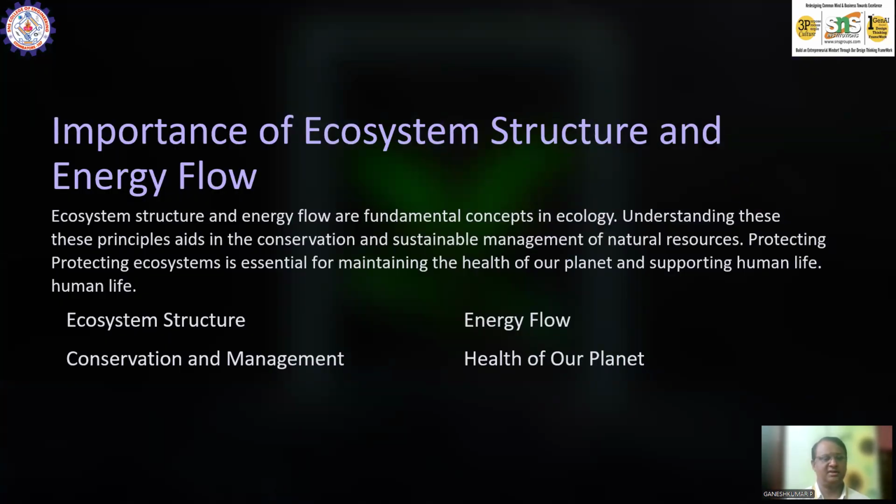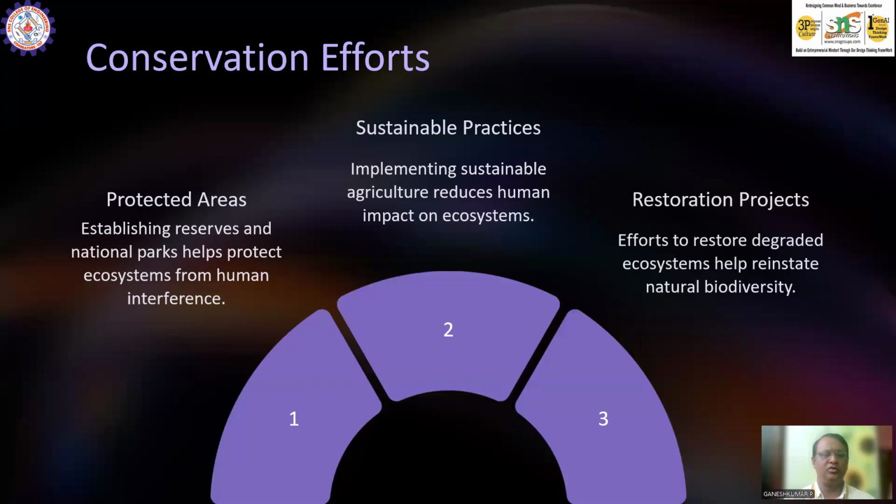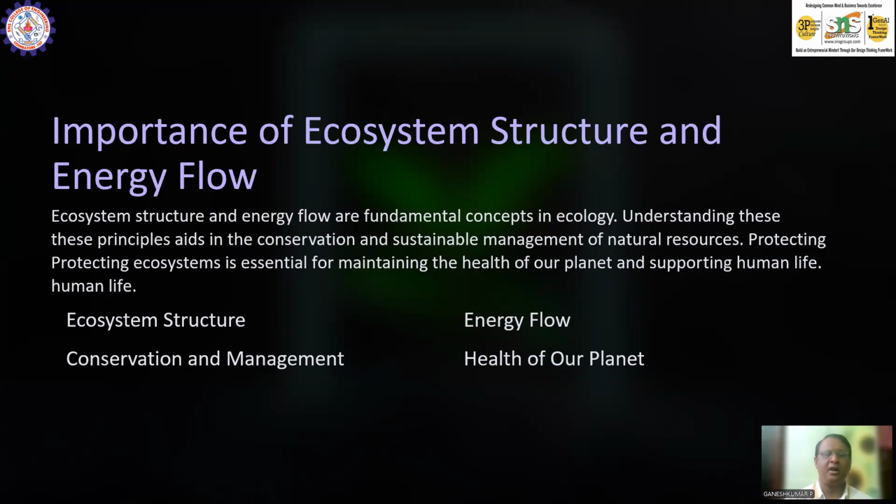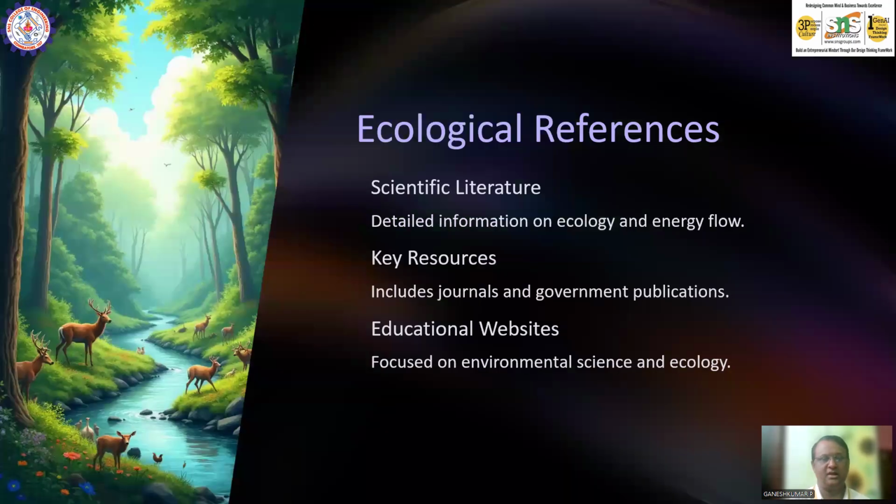Ecosystem structure is from producers to consumers. Consumers can be classified into carnivores, herbivores, detritivores, and so on. The energy flow can happen in a chain or in a web. Conservation and management should happen using protected areas, sustainable practices, and restoration projects. And the health of our planet should be ensured by our day-to-day sustainable practices.